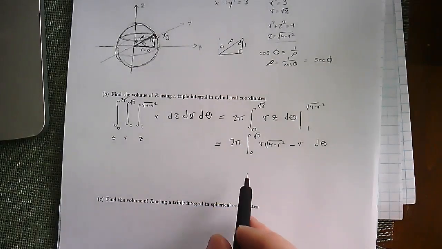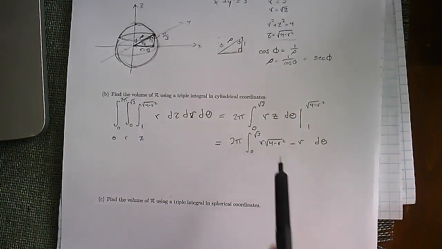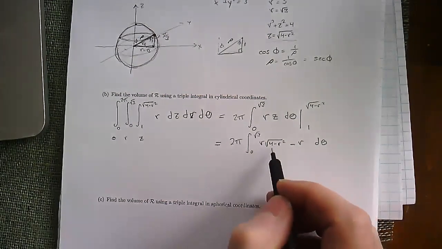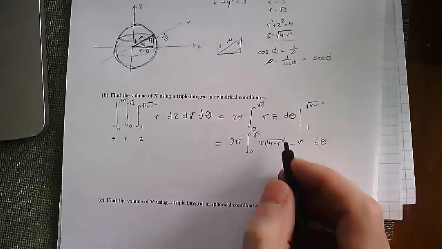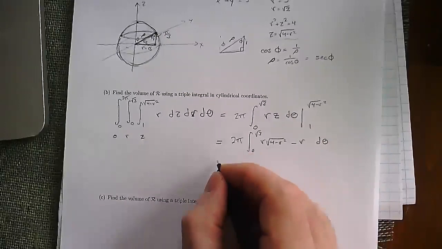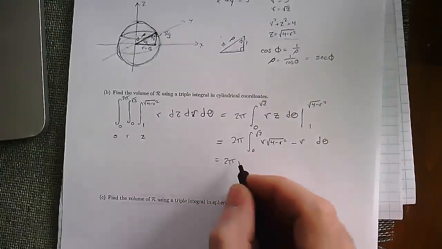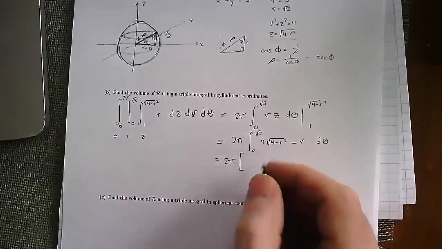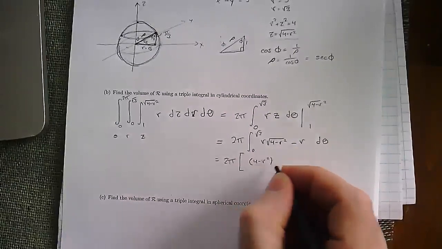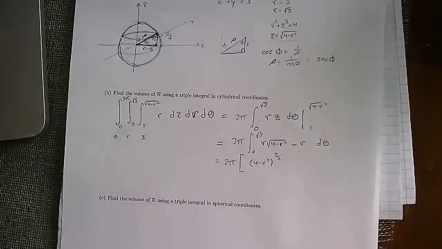Now time to integrate with respect to r. Again, the conversion factor gave us just what we needed for this integral. Otherwise, it'd be a trickier antiderivative. We have most of what we need for the antiderivative there. So we have 2 pi times 4 minus r squared to the power of 3 halves, and I think what we need here is a negative 1/3 as our coefficient.